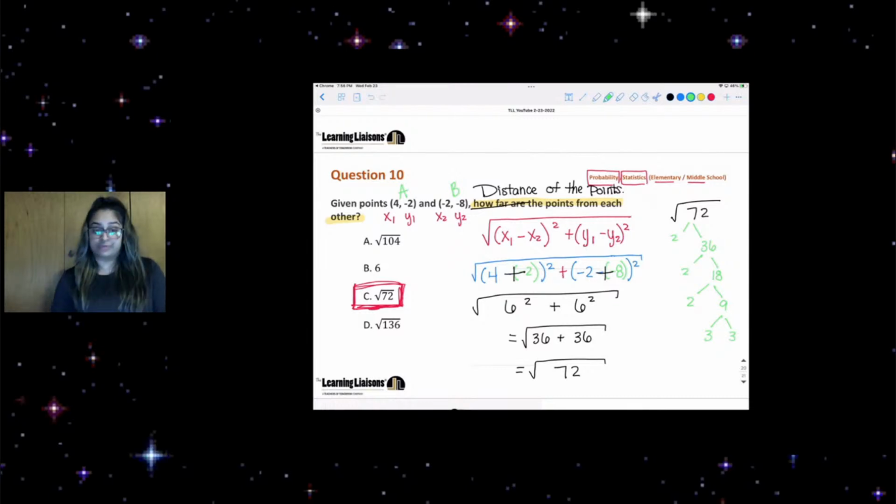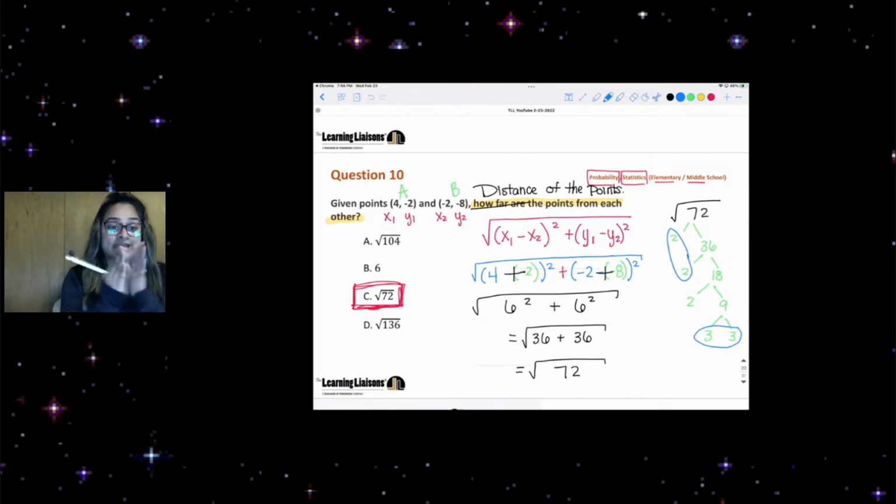3 and 3. Well, that is a square root, so I'm looking for pairs. If they're not a pair, they can't come out. If you're not a couple, you're not leaving inside the square root. I have a pair of 2's here, and I have a pair of 3's here. So when they come out, they're now 1. So I'll have 2 times 3, the square root of what's left.